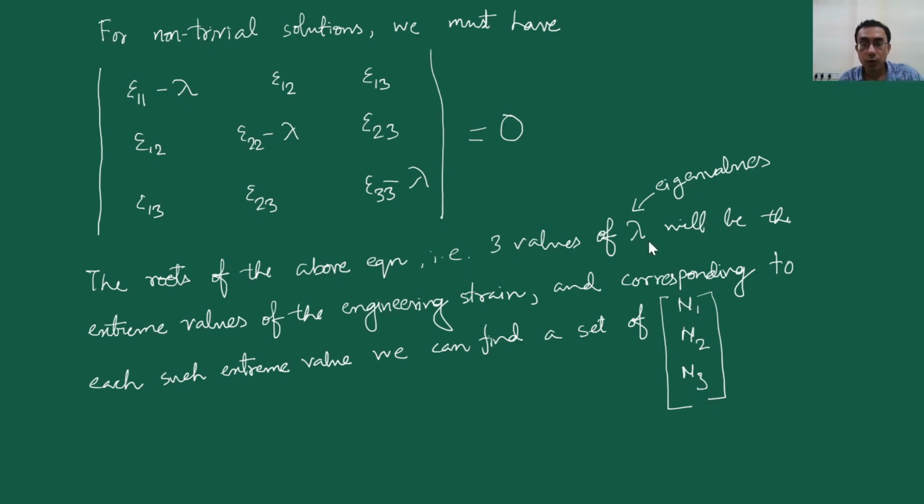You change the value to lambda b, go back to the eigenvalue problem and try to find out the eigenvectors. You will get another set of n1, n2 and n3. You go to lambda c, the third root, you will get another set of n1, n2 and n3. This is extremely important. These are referred to as eigenvectors.